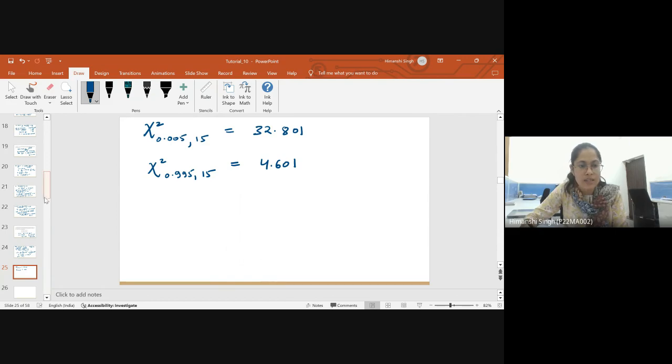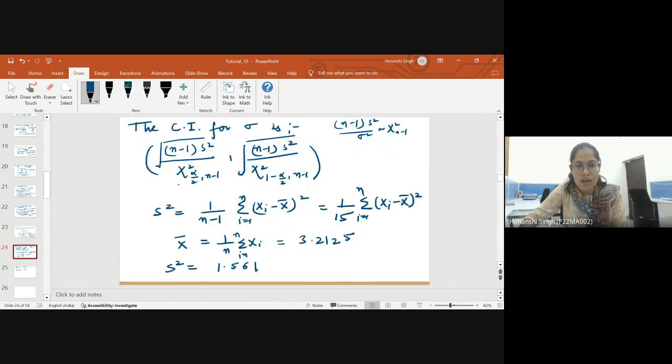Okay, so we will be writing these values. Now we'll substitute the values in this formula.